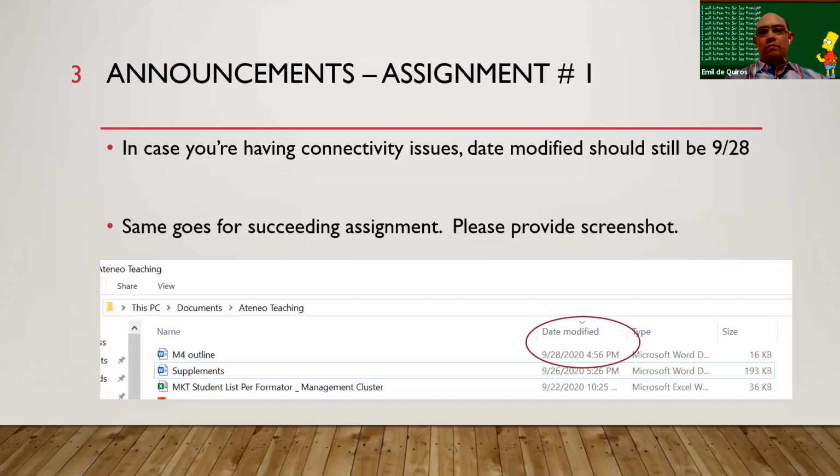So I need to see a date-modified screenshot, showing basically that you finished that file on the deadline. Then you can submit it a day or two after, if you're really having internet difficulties. Because in the Philippines, we really have a lousy signal most of the time. So that's that.